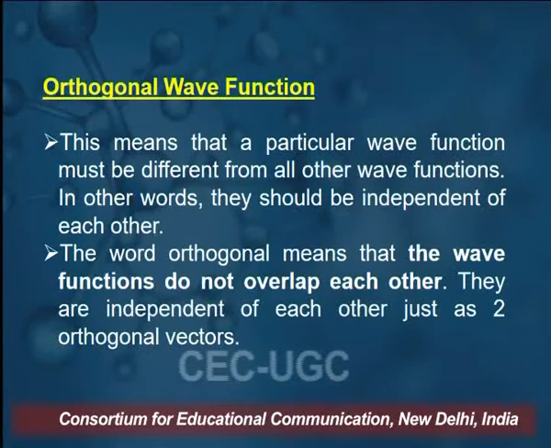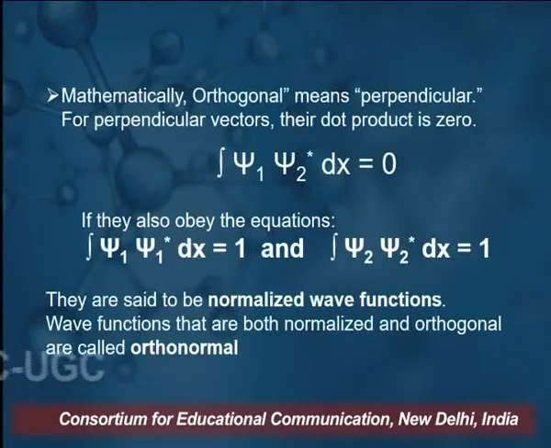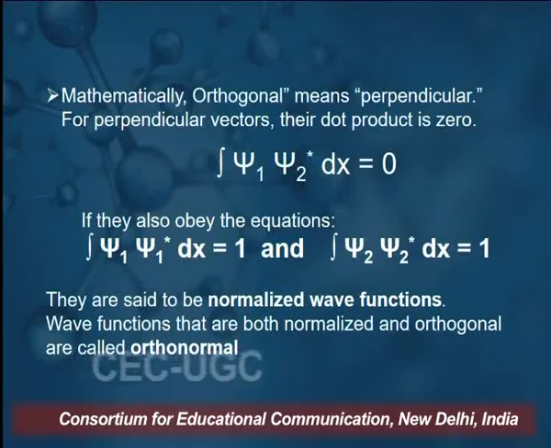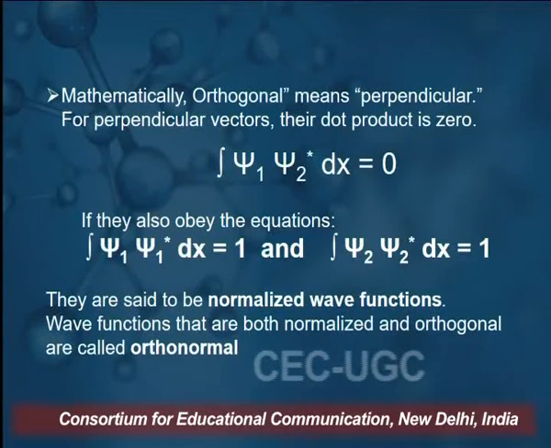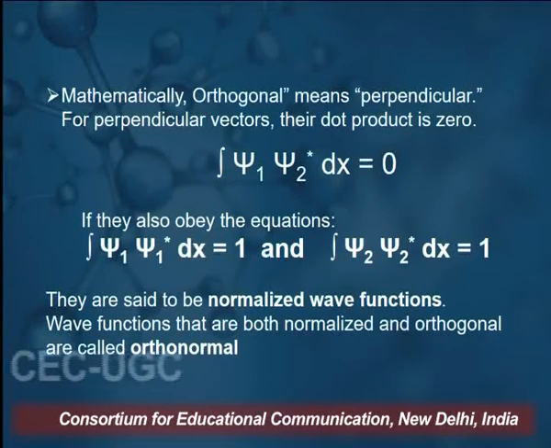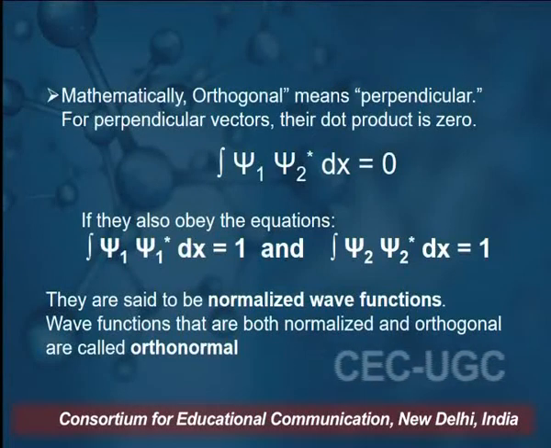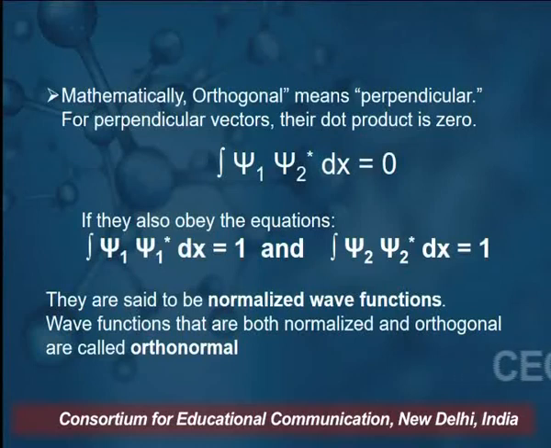They are independent of each other, just as two orthogonal vectors. Mathematically, orthogonal means perpendicular, and for perpendicular vectors, their dot product is 0. Similarly here, the integral of psi1 psi2 over the volume dx comes out to be 0. Then it is known to follow orthogonality.